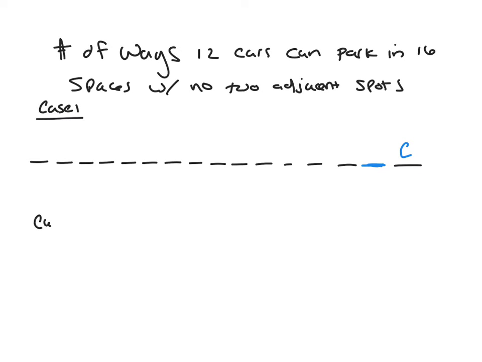And then case 2 would be, so I'm going to draw them again, 1, 2, 3, 4, 5, 6, 7, 8, 9, 10, 11, 12, 13, 14, 15, 16, would be a situation where the end is like this, car, space.